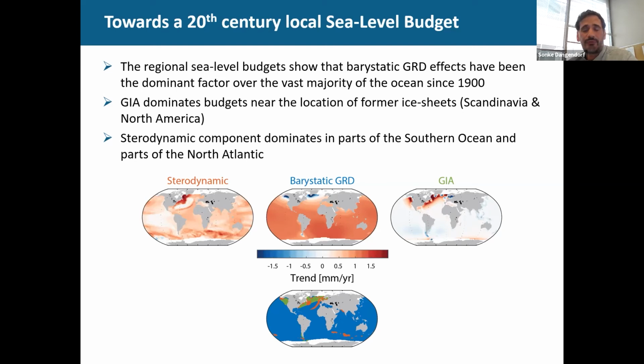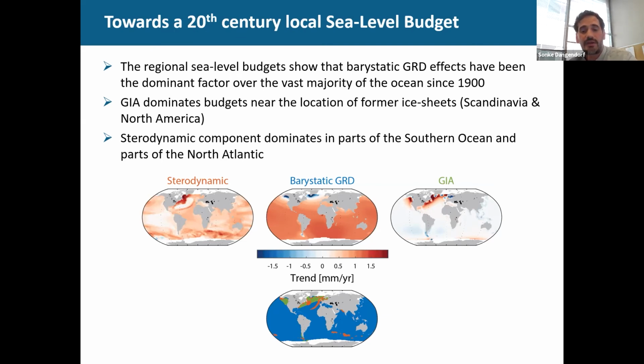If we look at these maps, we first see that the barystatic GRD effects have been the dominant factor over the vast majority of the ocean since 1900. GIA, for instance, is of course dominant only at those locations of former ice sheets, primarily Scandinavia and North America.